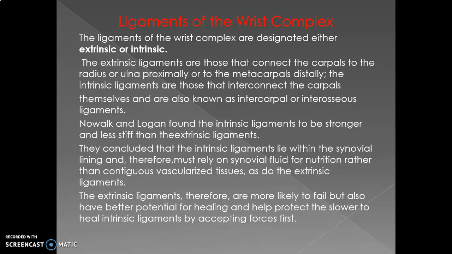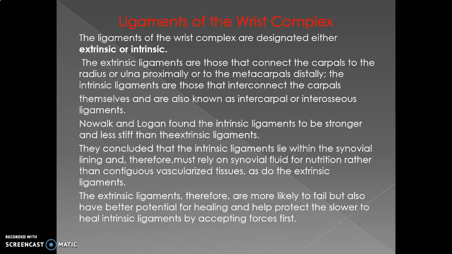Basically, we can classify these ligaments into extrinsic ligaments and intrinsic ligaments. The extrinsic ligaments are those that connect the carpals to the ulna or radius. We call ligaments extrinsic when they connect the carpal bones to the radius or ulna.